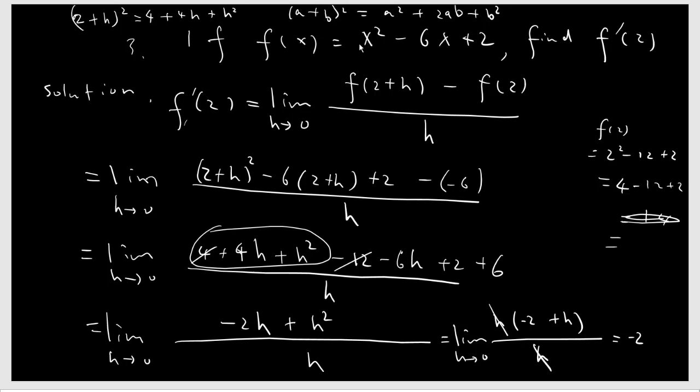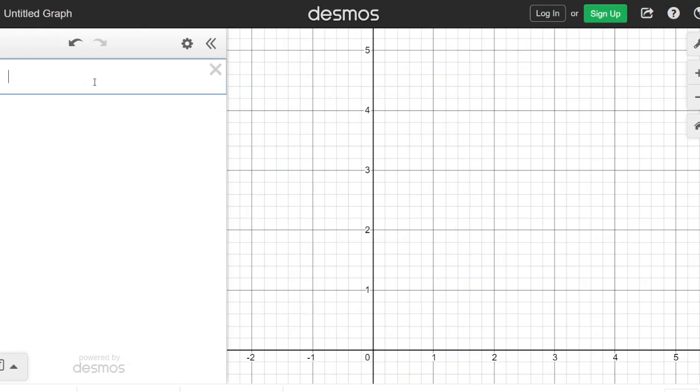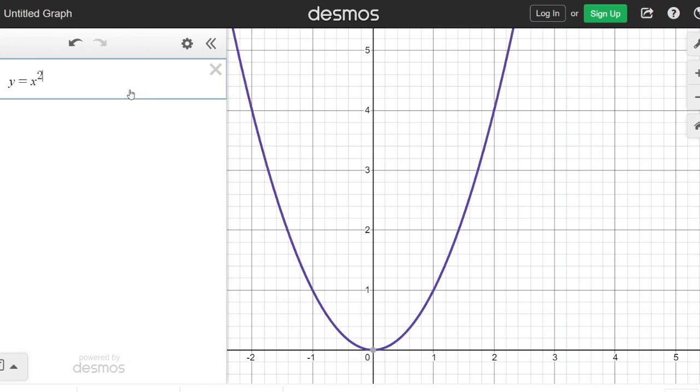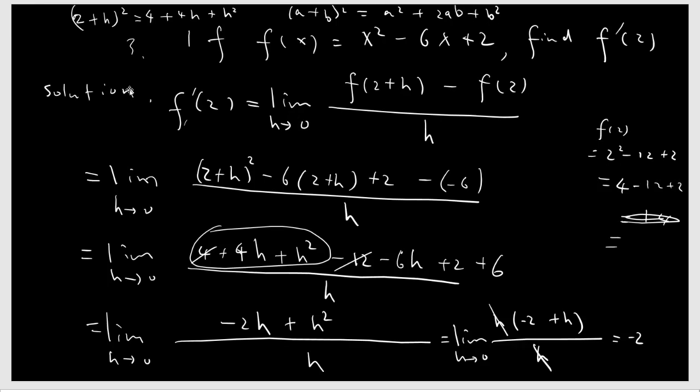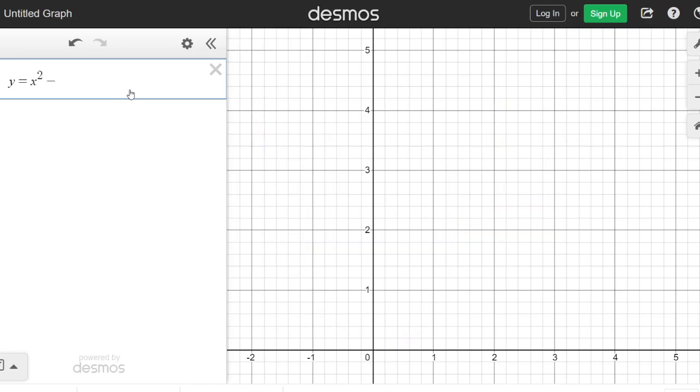The function has the equation y equals x squared minus 6x plus 2.